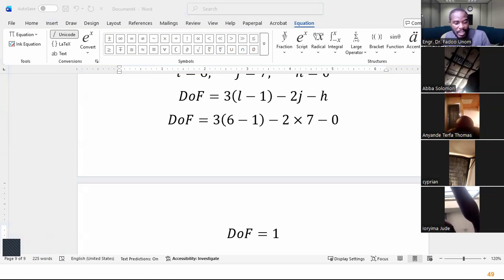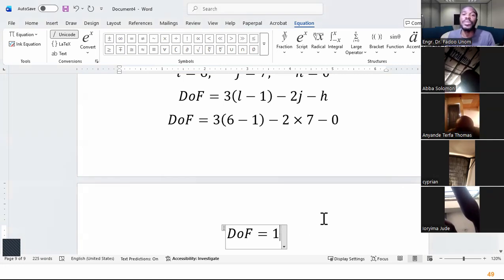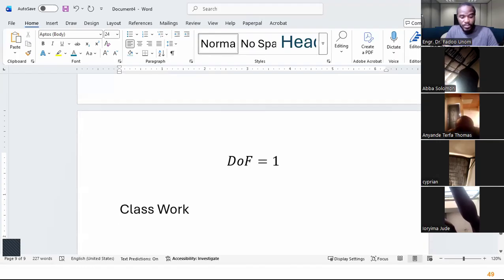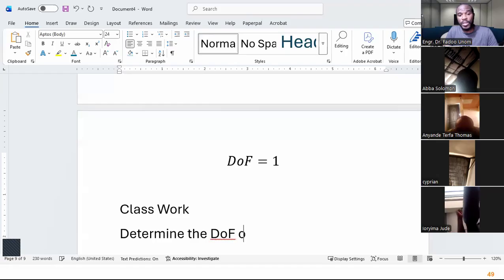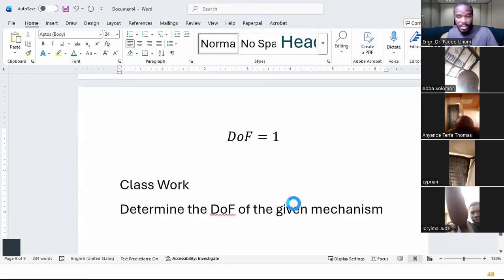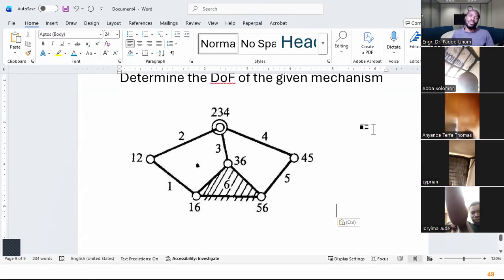Now this one will be class work. You will tell me the number of. Class work: determine the degree of freedom of the given mechanism, right? So, question.